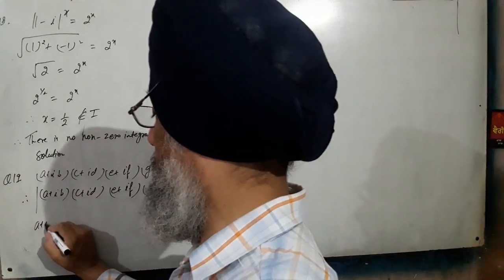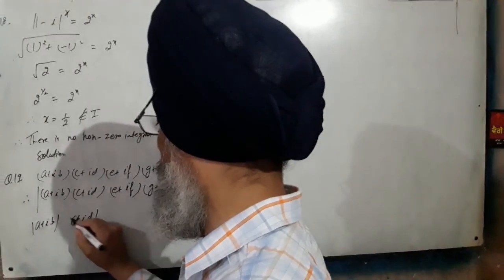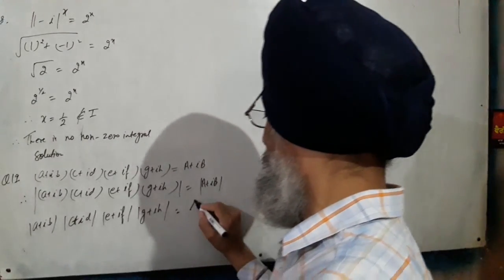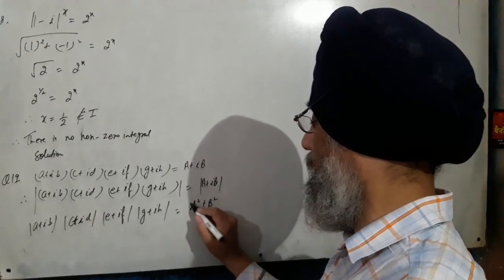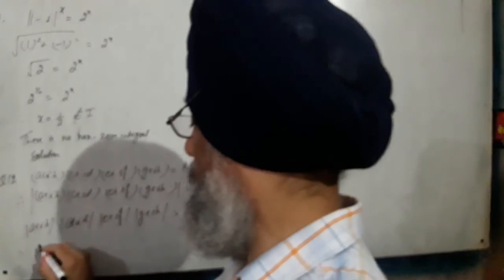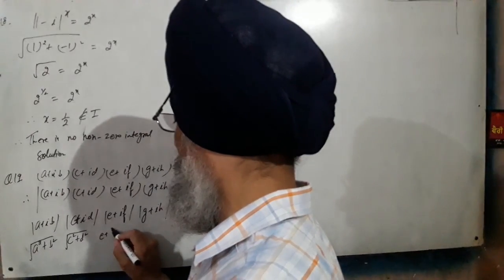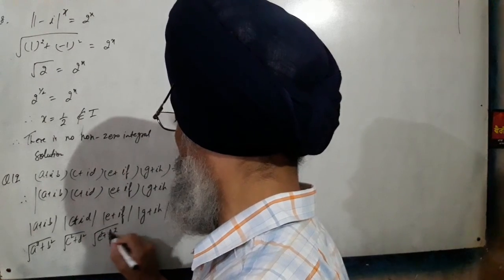You can write it as mod of a plus iota b, mod of c plus iota d, mod of e plus iota f and mod of g plus iota h. It's the square root of a squared plus b squared, the square root of c squared plus d squared, the square root of e squared plus f squared, and the square root of g squared plus h squared is equal to the square root of A squared plus B squared.